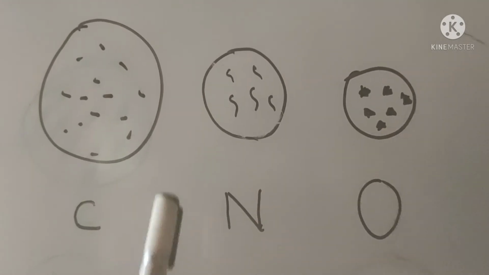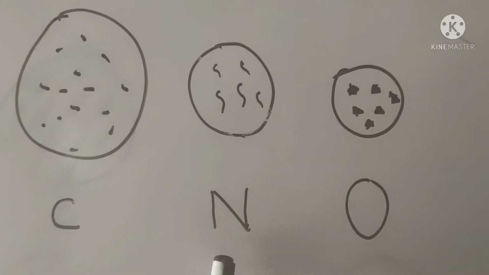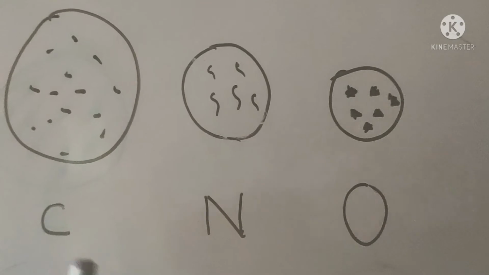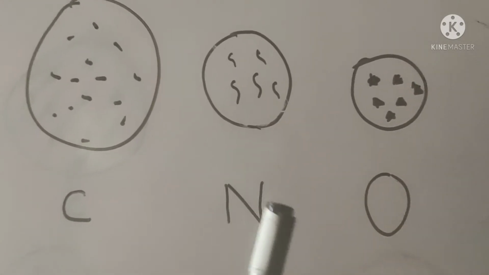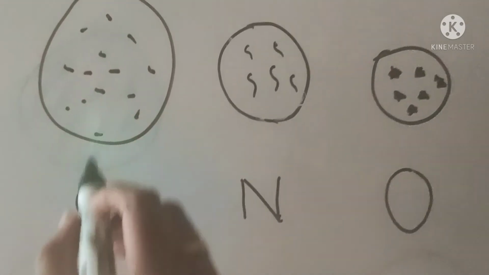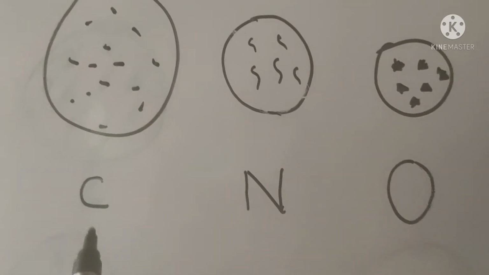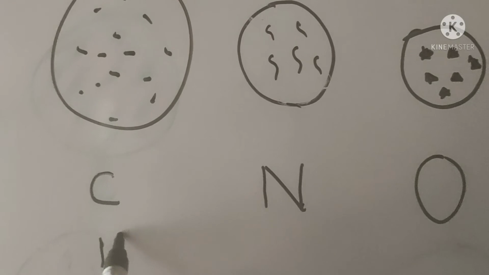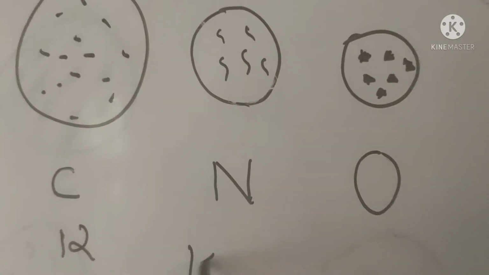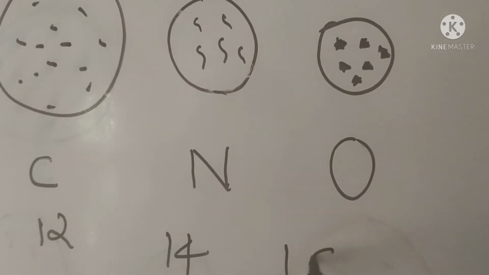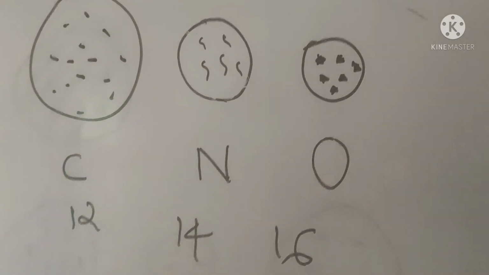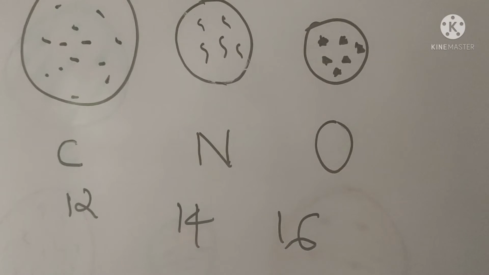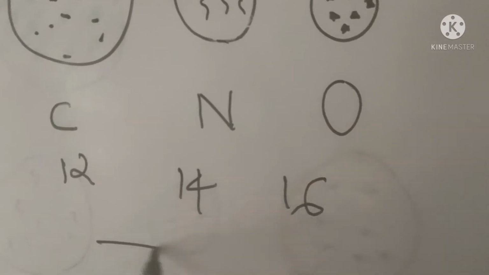For example, let us take carbon, nitrogen, and oxygen. All these are different elements made up of different kinds of atoms. What is the mass of carbon? It is 12. Nitrogen is 14 and oxygen is 16. All these elements have different masses. What about the size?